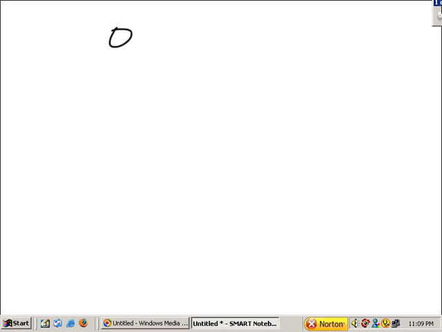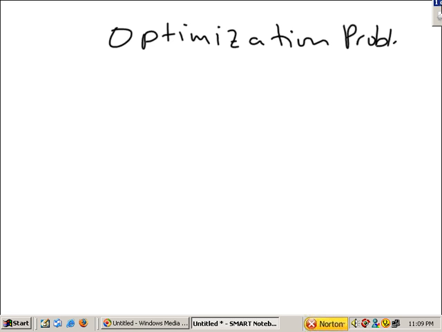Move on to optimization problems. Okay, suppose that you're given the curve y is equal to 4 minus x squared.